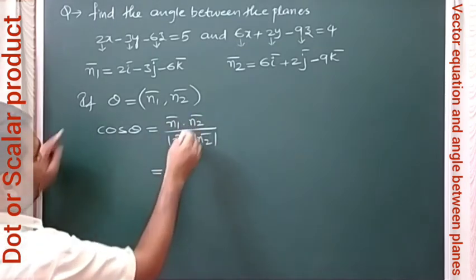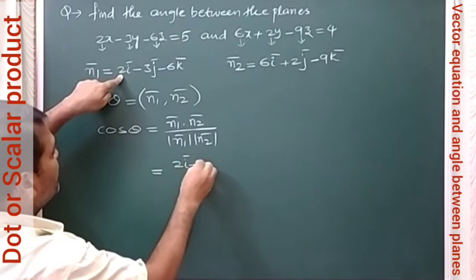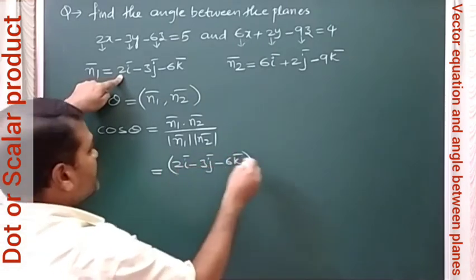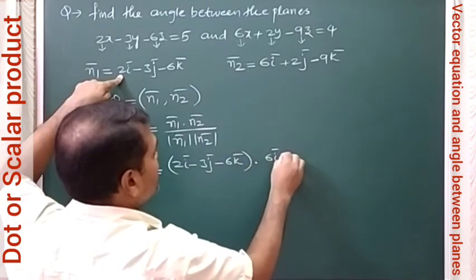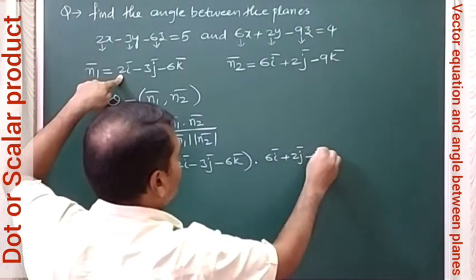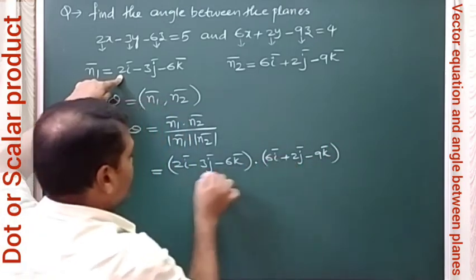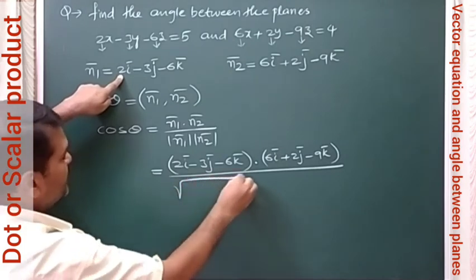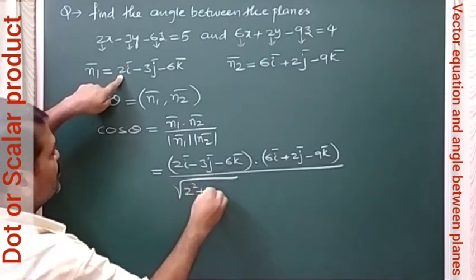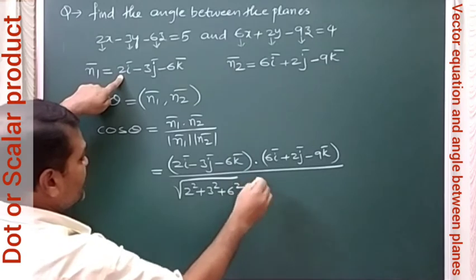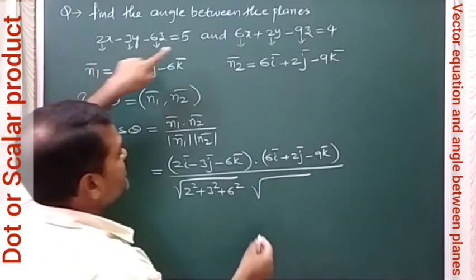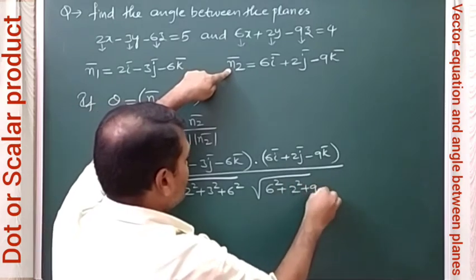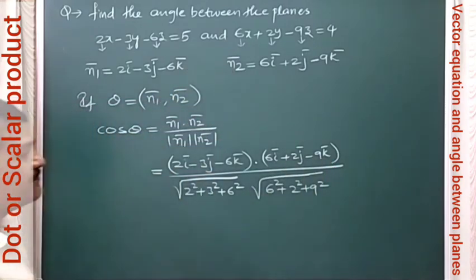So n1 dot n2, (2i bar minus 3j bar minus 6k bar) dot (6i bar plus 2j bar minus 9k bar) by modulus of n1 bar, that is under root 2 square plus 3 square plus 6 square, modulus of n2 bar under root 6 square plus 2 square plus 9 square.